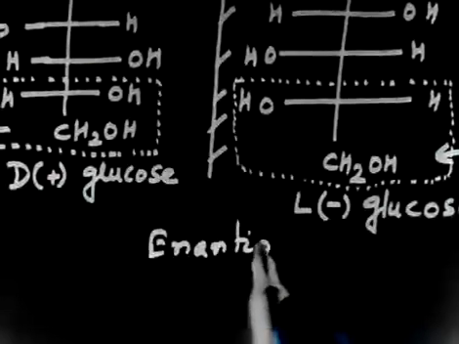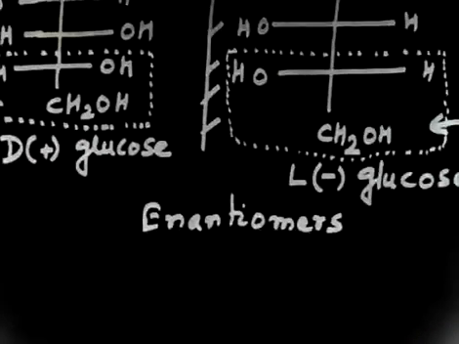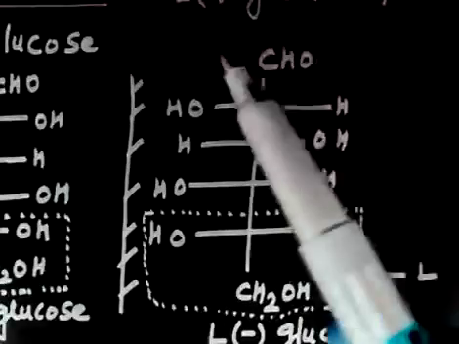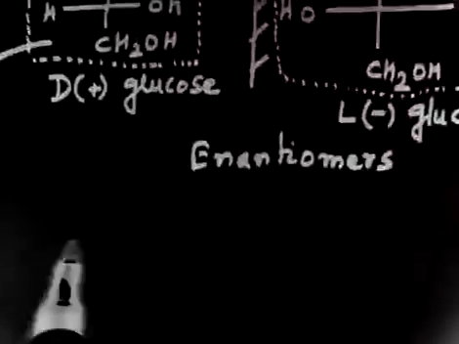This is an easy question. And the next part says, write down the product after its reaction with Tollens reagent. We have written the Fischer projection of L glucose, and we also have to write down the product if L glucose is treated with Tollens reagent.